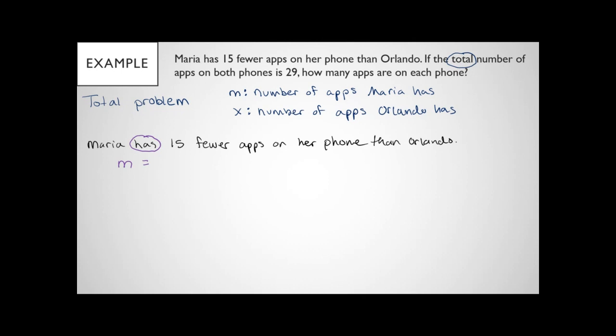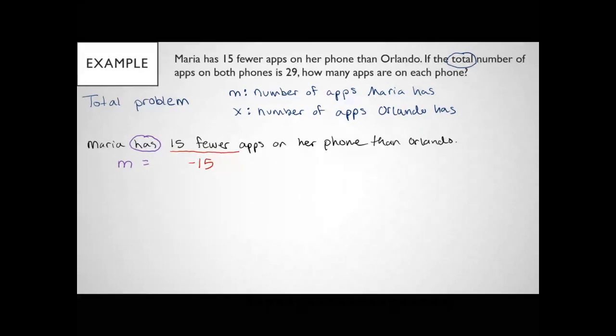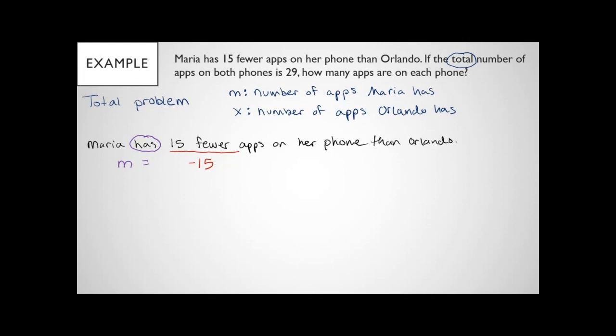Now, we have 15 fewer apps. So if it's the word fewer, this is telling you you're going to have a negative 15. It's going to say subtraction. So I'm going to write a negative 15 here. So that fewer means we've got less than something. So there's 15 less. So I'm going to have a negative 15. And then when I use a negative, we're adding a negative.